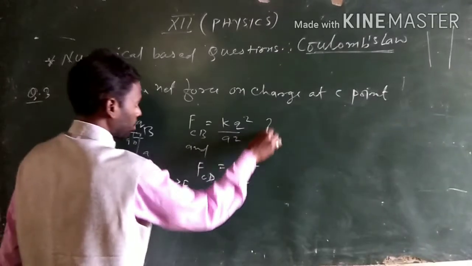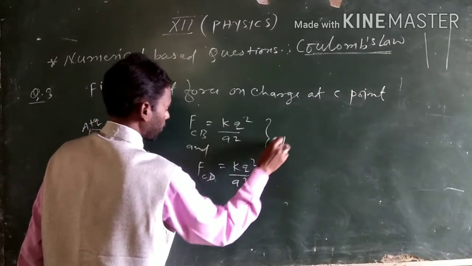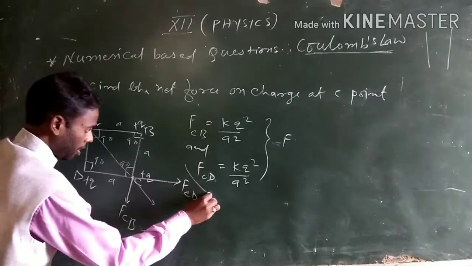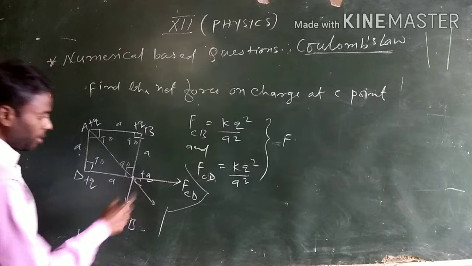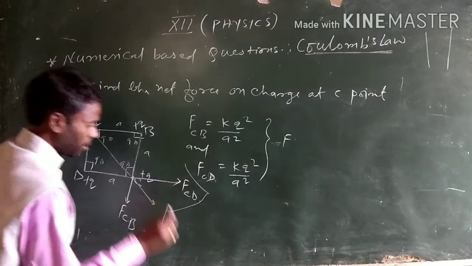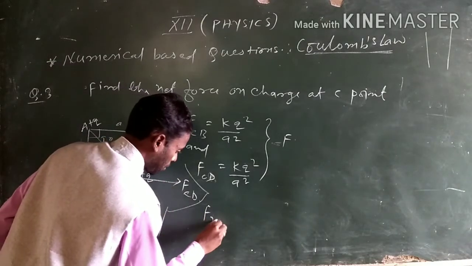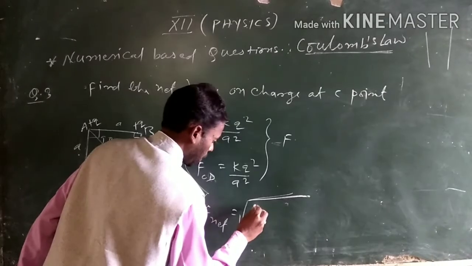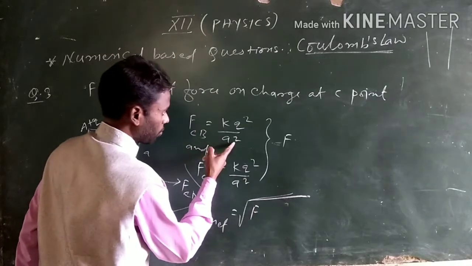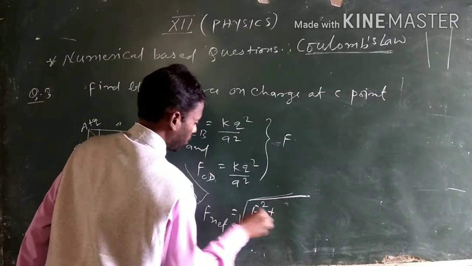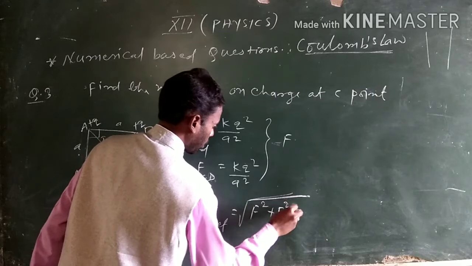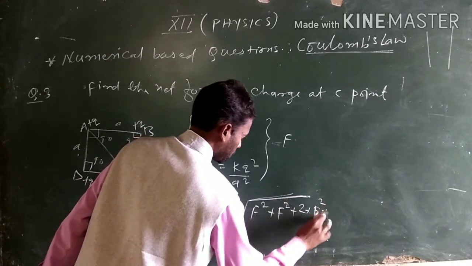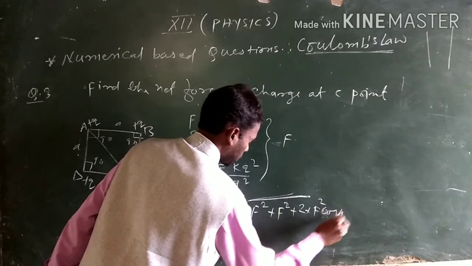Suppose this is F. By using the angle method, our net force between these two forces, net force F, is equal to root over F square plus F square plus 2 into F square into cos theta.